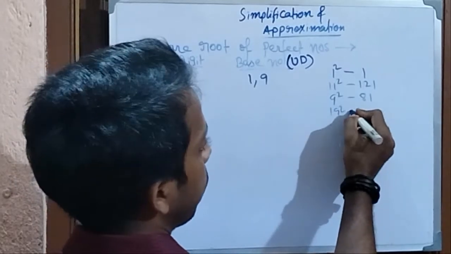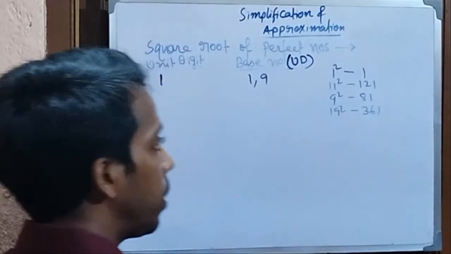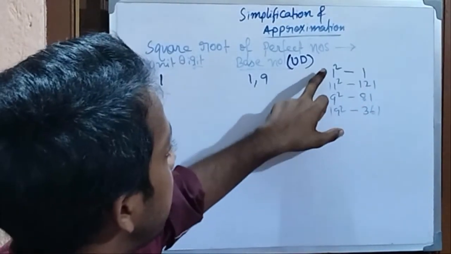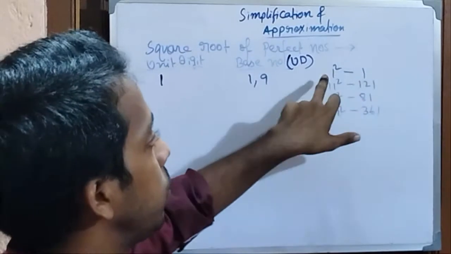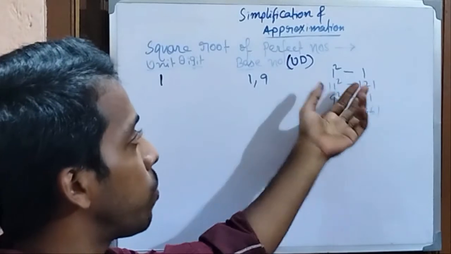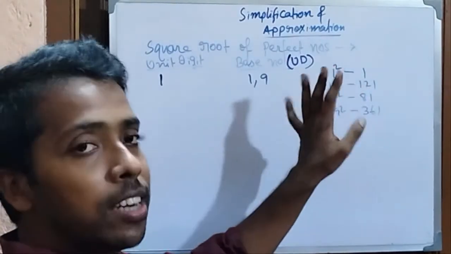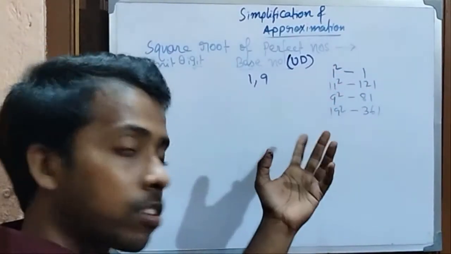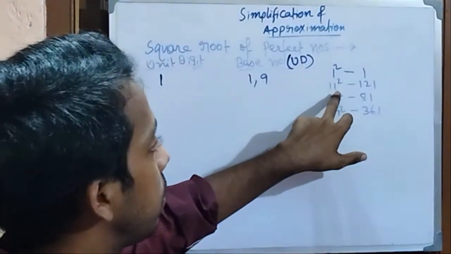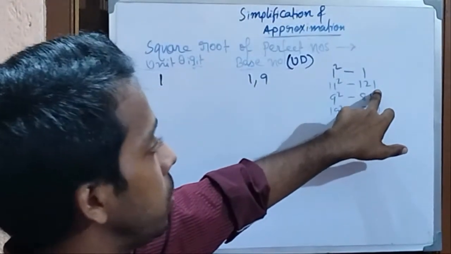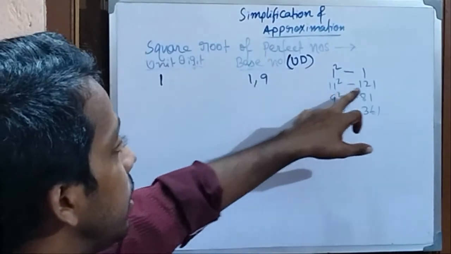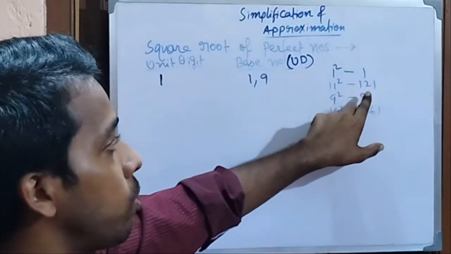If it is 19 squared, this will be 361. Now have a careful observation: here it is 1 squared, 1, the unit digit is 1, and here also the unit digit is 1. In this case only a single digit is there. Here 11 squared, 1 is the unit digit, and here also the unit place value is 1. But in this case you can see the total whole number is given.